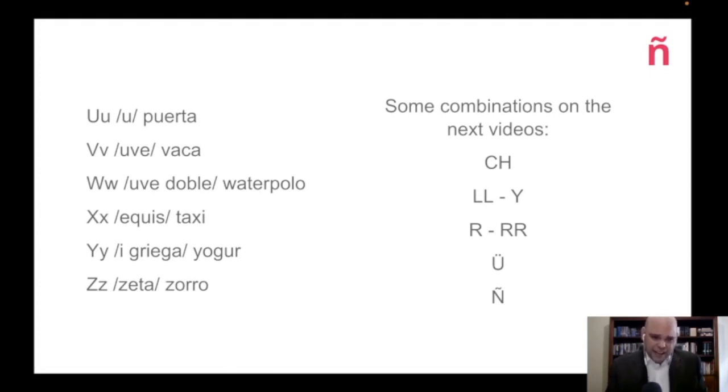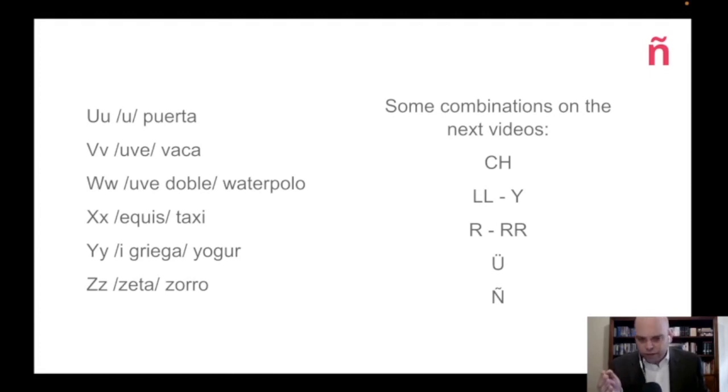Then next letter is Y. We call the letter Y in Spanish, we call it Y, like we can say Greek I, literally translated. And we can find it in words like yogurt. We will learn also this consonant in our lesson together with the combination double L. And we also have letter theta, la letra theta.